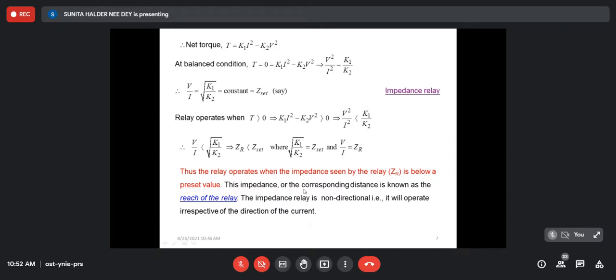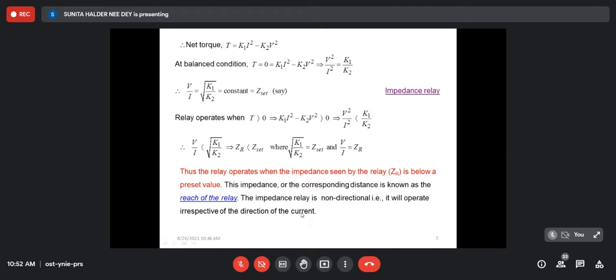This impedance or corresponding distance is known as the reach of the relay. I have already discussed that the impedance relay is non-directional, because there is nowhere we are sensing the direction, right? And it will operate irrespective of the direction of current. So whatever be the direction, it will operate. But we can provide a directional feature also in the impedance relay. Why?